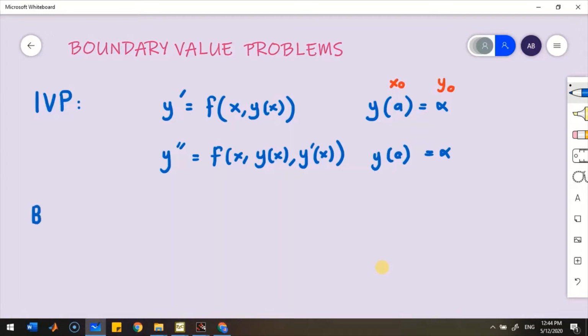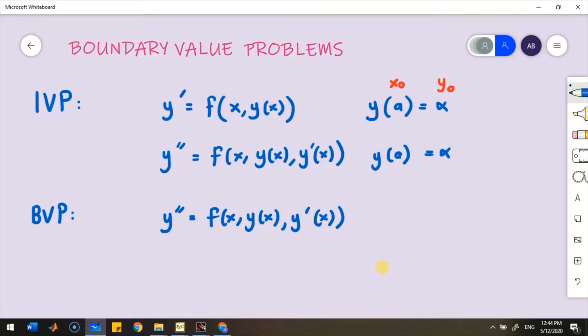Now what is boundary value problem? For second order, I'm just going to consider second order. We have y double prime equals f of x, y of x, y prime of x.